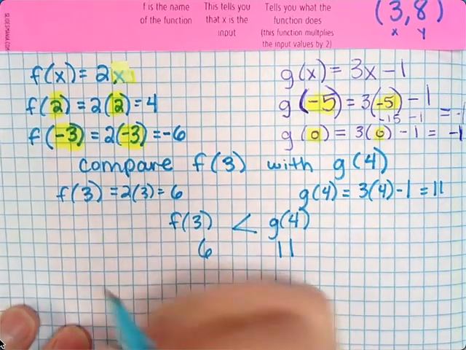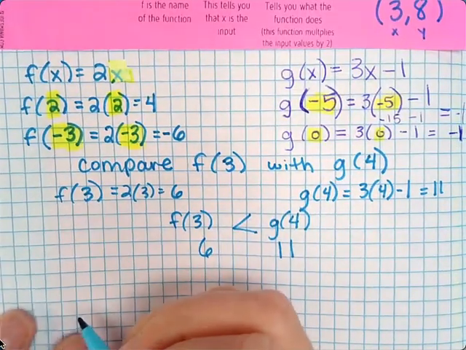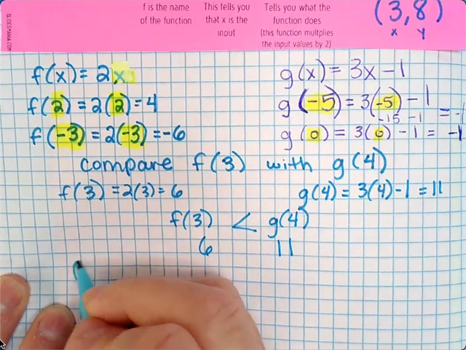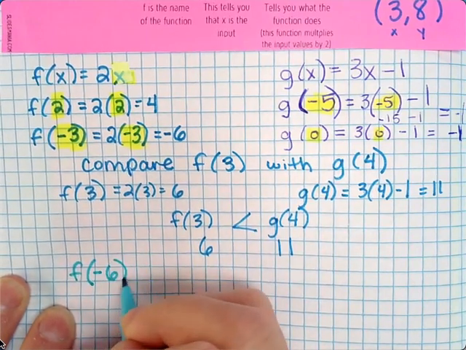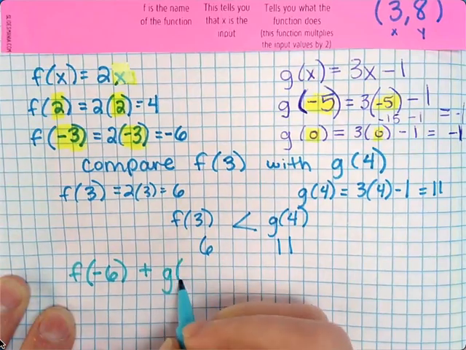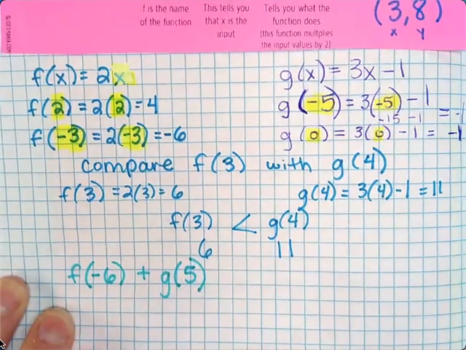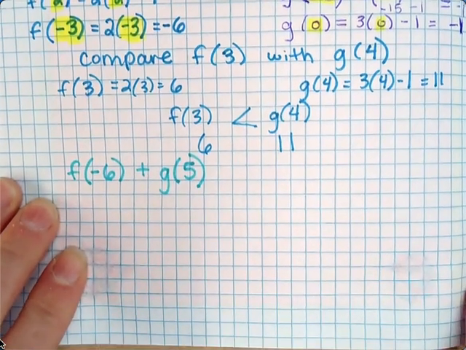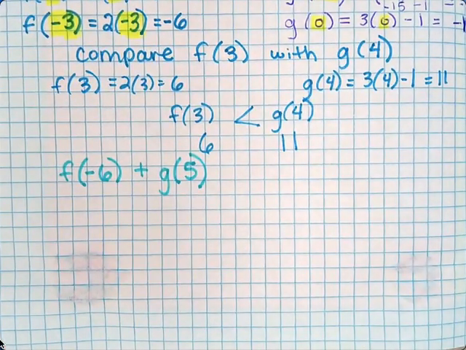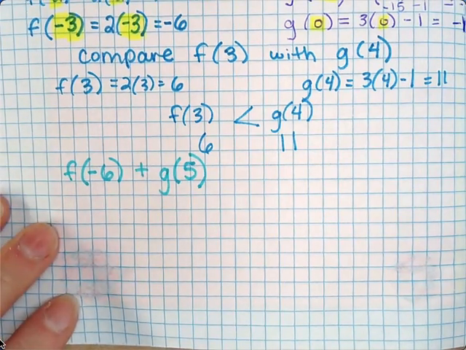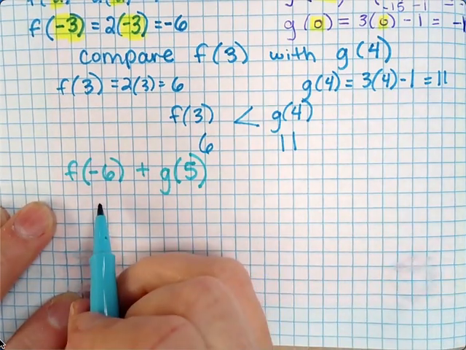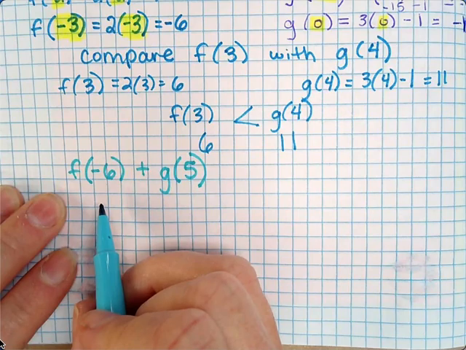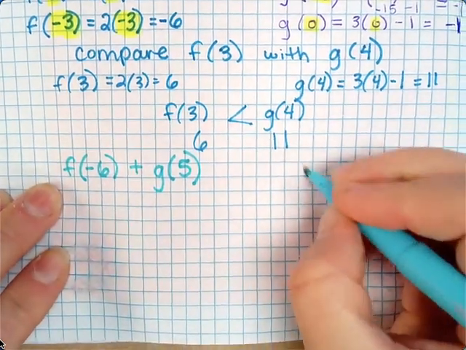All right, instead of comparing this time, let's do f of negative 6 plus g of 5. So see how I'm performing an operation, f of negative 6 plus g of 5. So would it just be negative 12 plus 14? Yeah, so f of negative 6, what did you say f of negative 6 was? Negative 12.